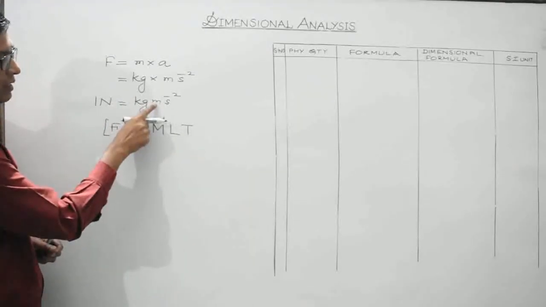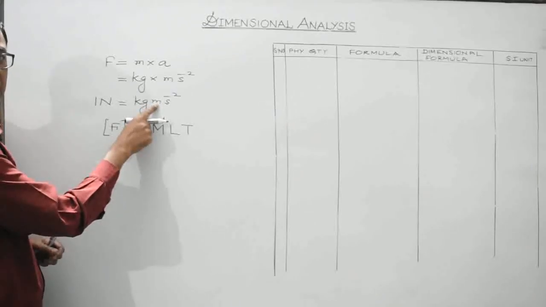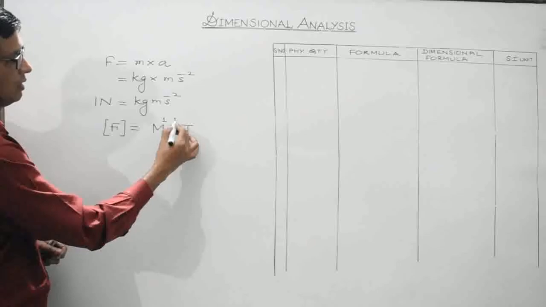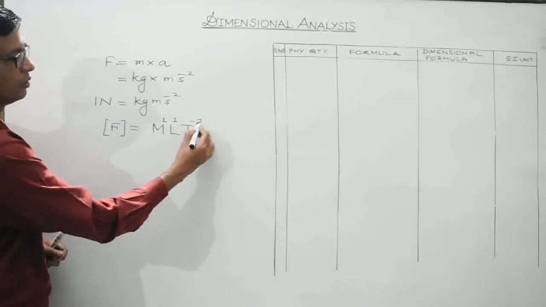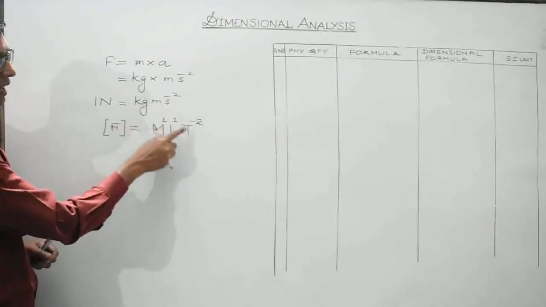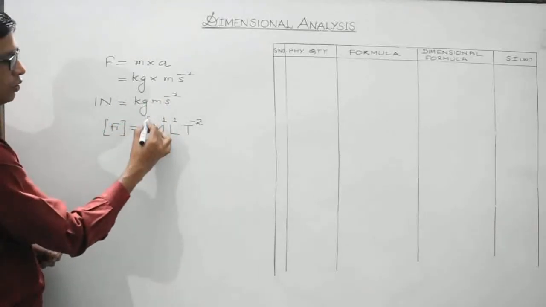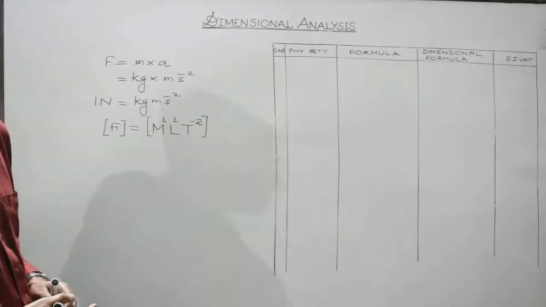It depends on length, that is meter. Dimension of length is 1. Dimension of time is -2. So M represents the mass, L represents the length and T represents the time.